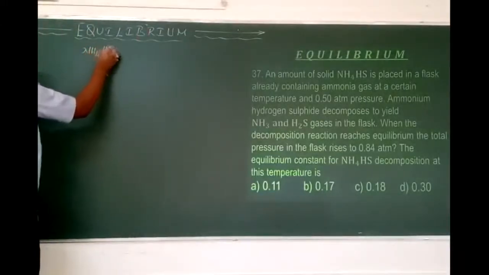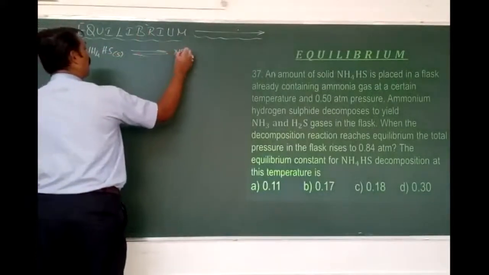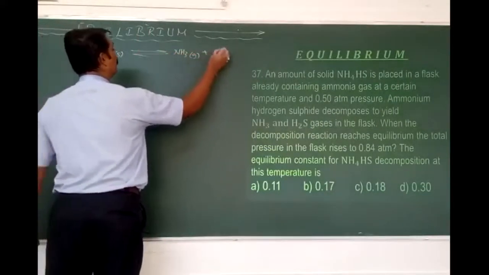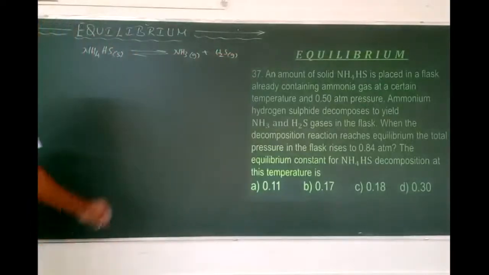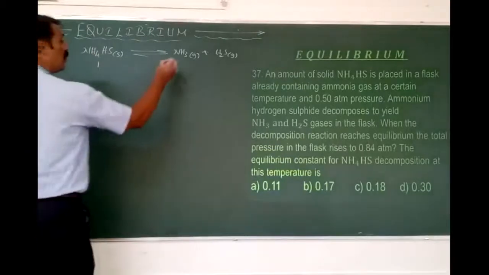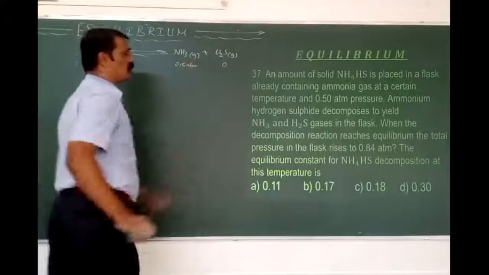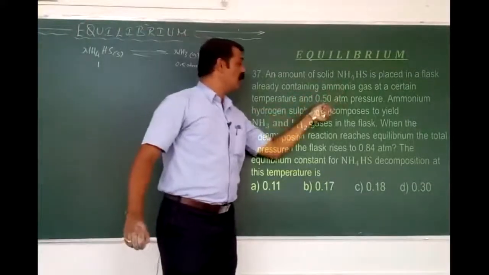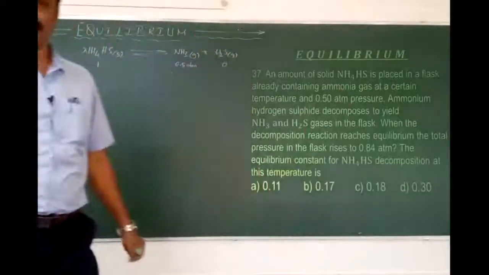So here NH4HS of solid state is in equilibrium with NH3 gas plus H2S gas. This is the equilibrium that has been obtained. Initially, let's suppose that it is 1. Here it is 0.5 in terms of atm. Here it is 0 because ammonia is already present in the form of 0.5 atmosphere.